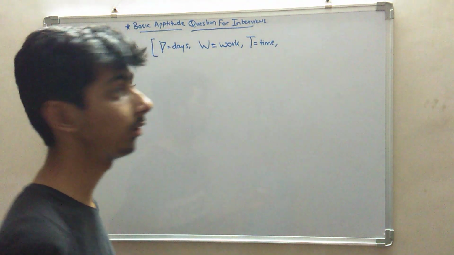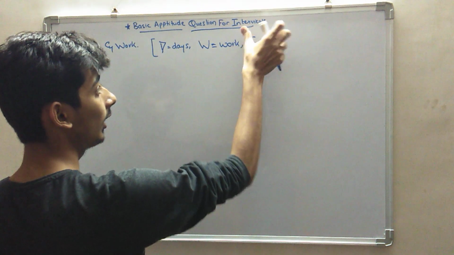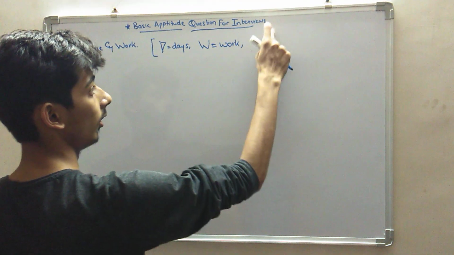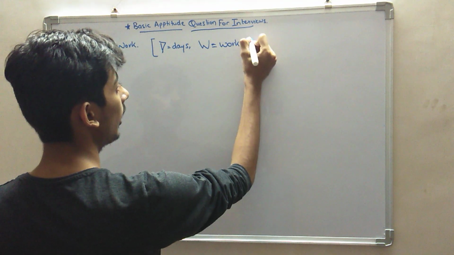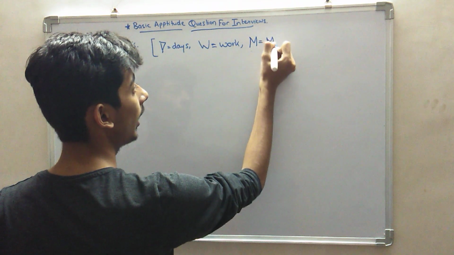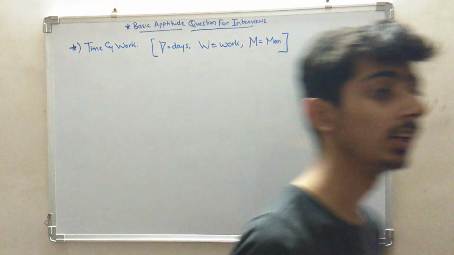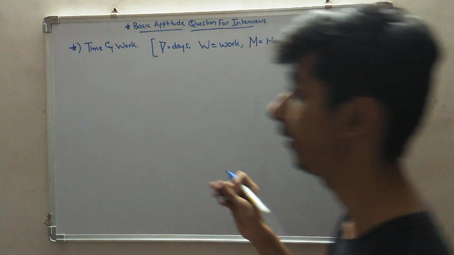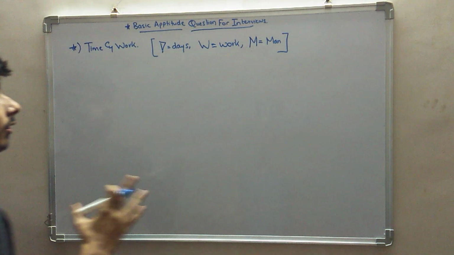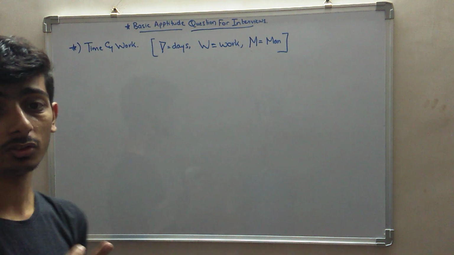Time is another thing, or we can say days and time are the same. The third part is M, which is the manpower. Basically these three things are the most important, and on this basis we can solve the questions of time and work.